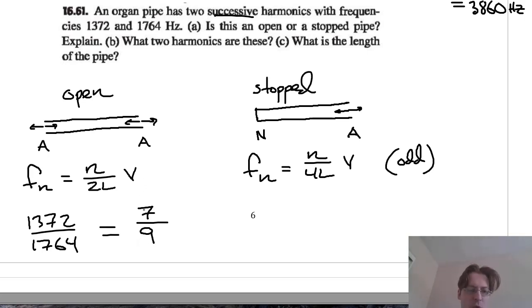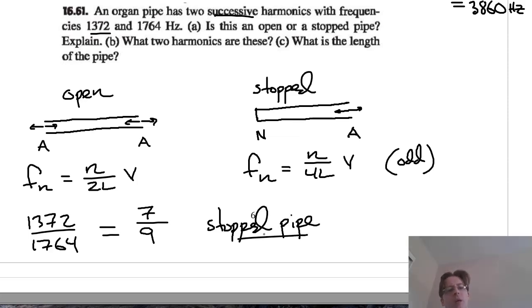Of course, it's also 14 over 18, but those wouldn't be two successive harmonics. Okay, so since they're successive, I know that 1372 is the seventh harmonic of the stopped pipe. It's a stopped pipe resonator. It's a seventh harmonic and the ninth harmonic.